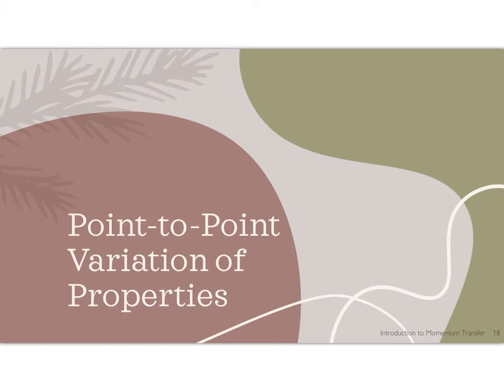You also, if you've ever traveled, have experienced different pressure that may cause some inner ear problems or some other issues as you move from, say, down at sea level to up in a mountain. And so the pressure we know varies from point to point.